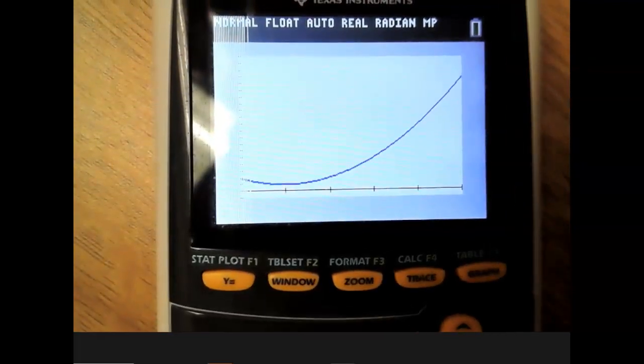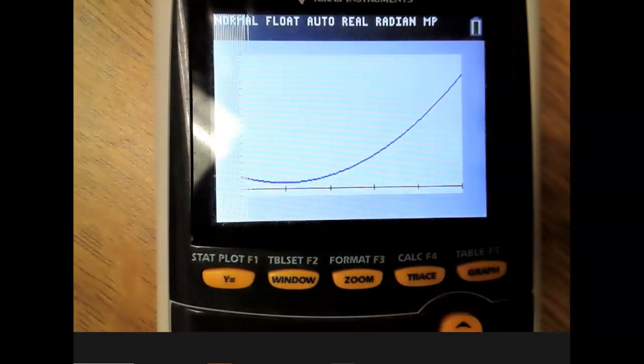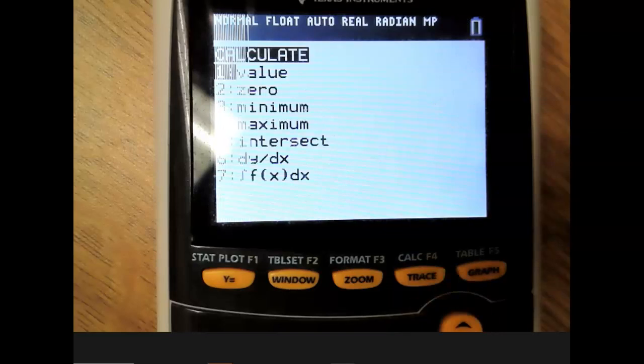And then in our classes in the past, we've hit this button right here for trace. We're going to hit second and trace again. And what I want you to notice is that the options for 6 and 7 are actually calc options. 6 would represent the derivative, because it's dy dx, the derivative of y with respect to x.